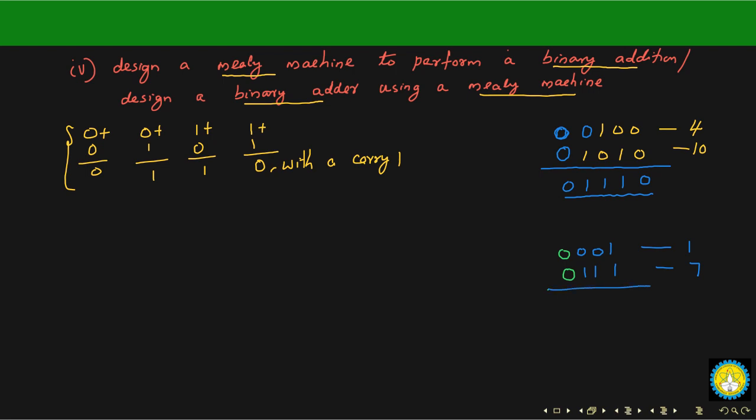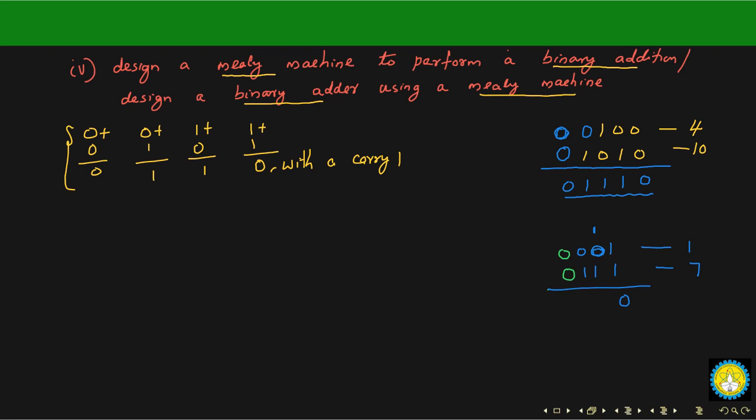So 1 plus 1 is going to be 0 with a carry 1, right? So if you are having a carry 1, then your 0 plus 1 is not 1, because you have to consider this carry 1 as well, right? So that's going to be very important. When we design the Mealy machine, you have to understand that even if you're having 0, 1 to add, remember one is a carry for you.